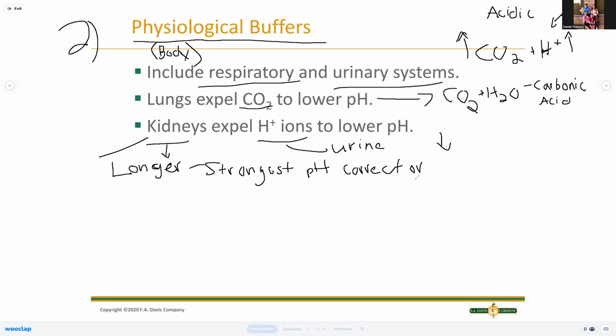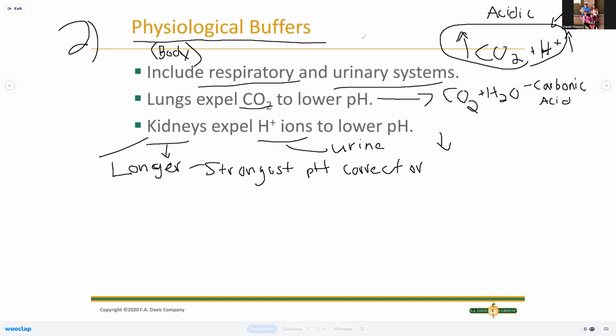If the pH still remains out of range, within minutes the respiratory system can change the rate and depth of breathing to adjust CO2 levels, which alters hydrogen, because we just saw lungs increase or decrease breathing. And then the renal physiological buffer could be involved, but it takes a long time, as long as 24 hours to even be initiated, and that can cause serious damage.